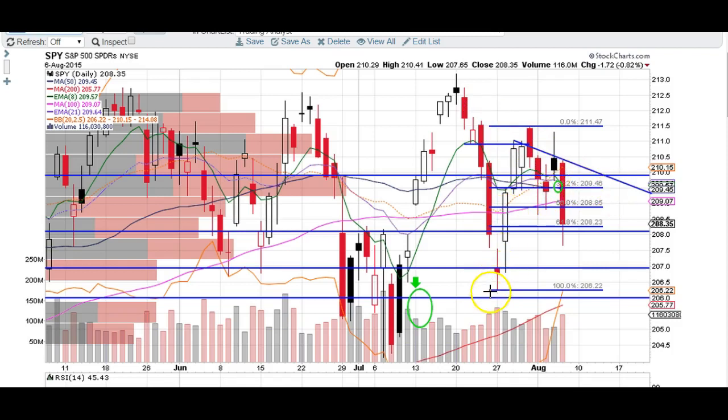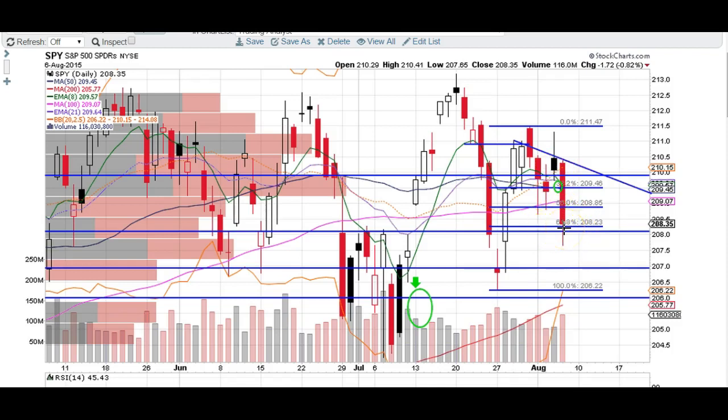I drew the Fibonacci retracement levels from the low right here to the high that we made over here. And as you can see, we made a bounce on this day off of the 38.2% Fibonacci. And we came back up and tested these highs. And then we came back here and we bounced off of the 61.8% Fibonacci.